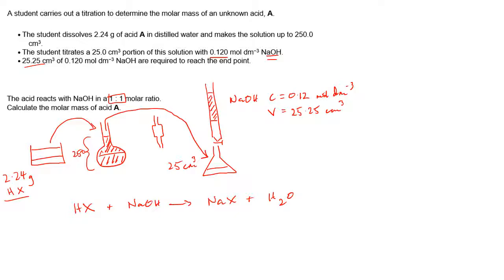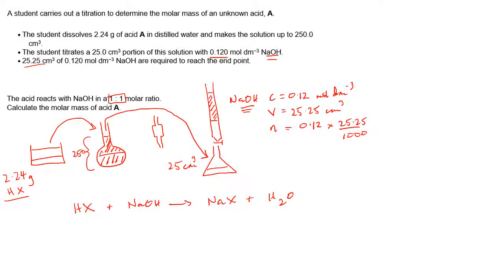So what we might want to do first is work out how many moles of sodium hydroxide we used in the neutralization of our acid. Moles is concentration times volume, so we've got 0.12 times our 25.25 in dm cubed.